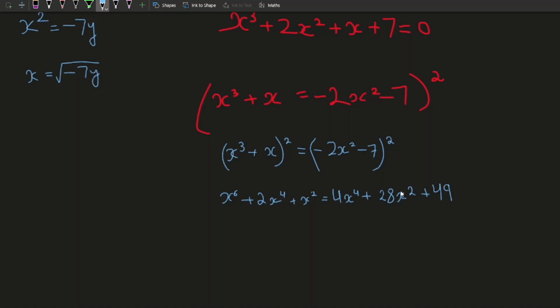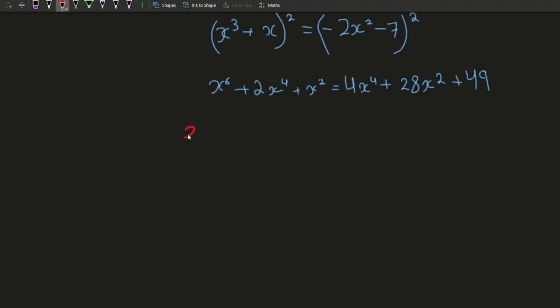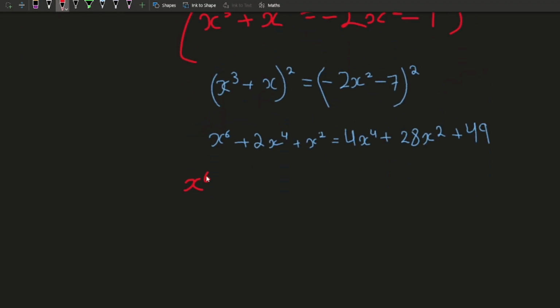Okay, now let's take everything to one side. So this would be x to the power of 6. I'm simplifying as well. So this would be minus 2x to the power of 4 minus 27x squared plus 49. And all of this is equals to 0.